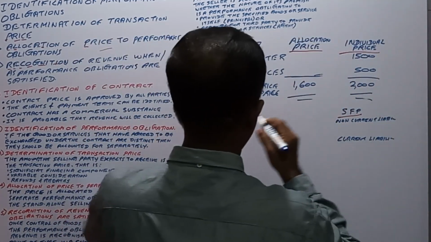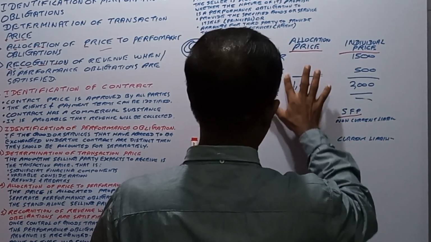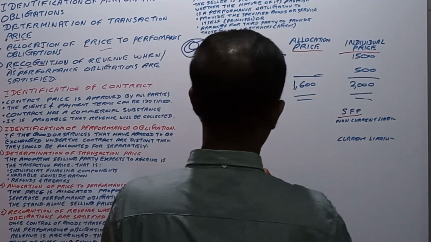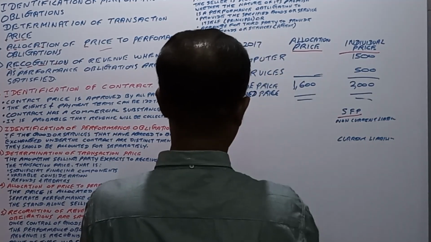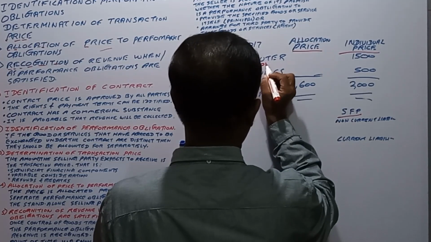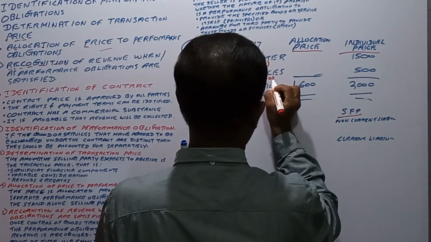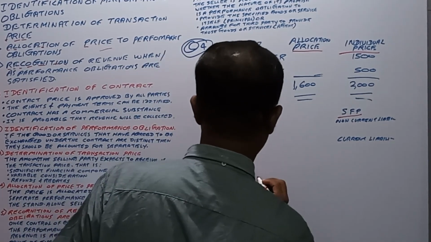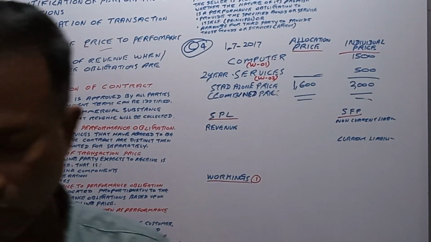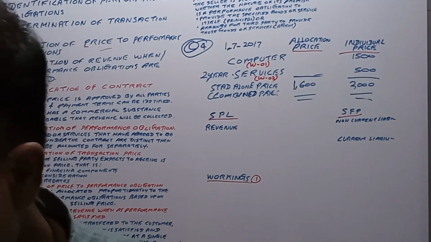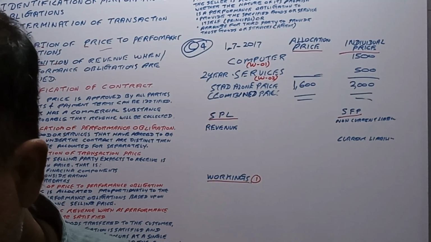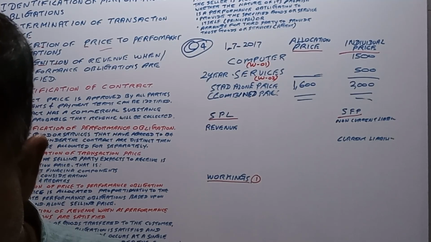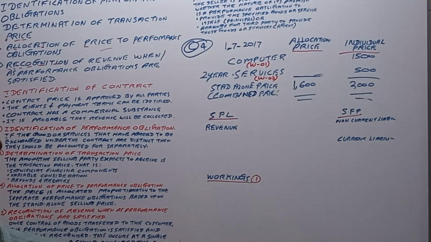For this, we will do working one and working two. They want us to demonstrate how the transaction would be presented in the financial statements for the year ended 31st December 2017.